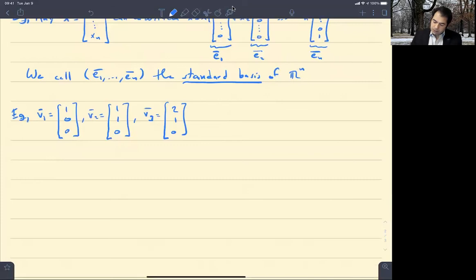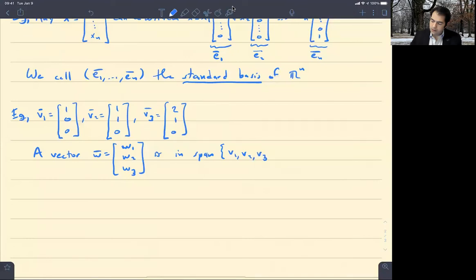And now let's notice that any vector, let's say a vector w with coordinates w1, w2, w3, is inside the span of v1, v2, v3 if and only if w3 is equal to 0. The third coordinate of the vector w is equal to 0.